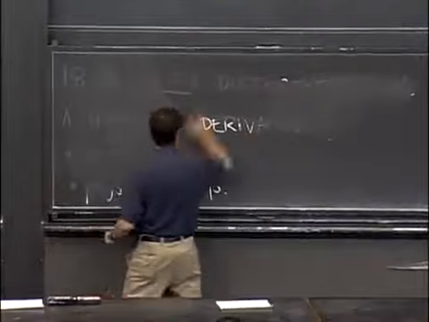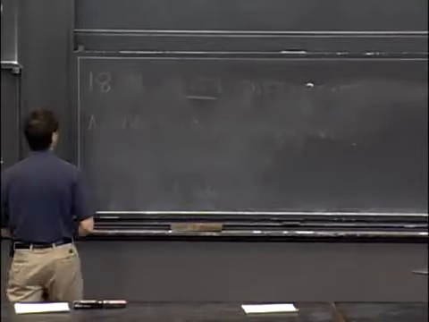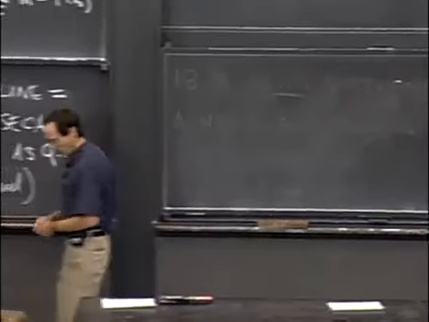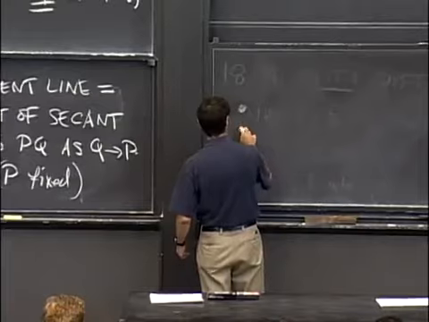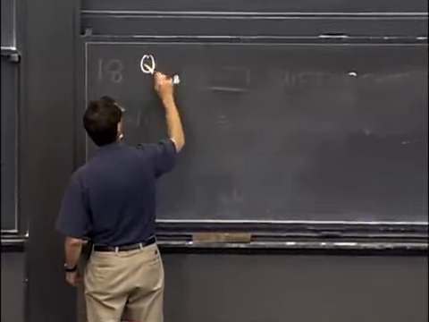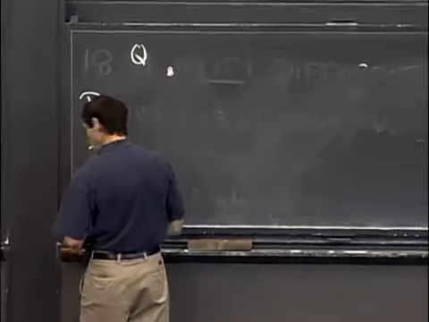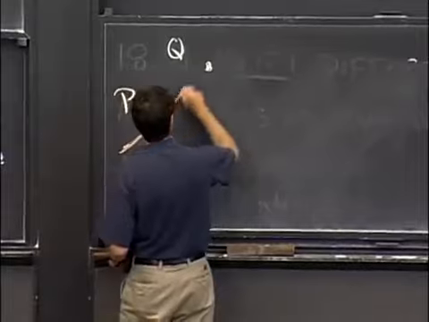So let's do that. First of all, I'm going to write out these points P and Q again. So maybe we'll put P here and Q here. And I'm thinking of this line through them. I guess it was orange, so we'll leave it as orange.